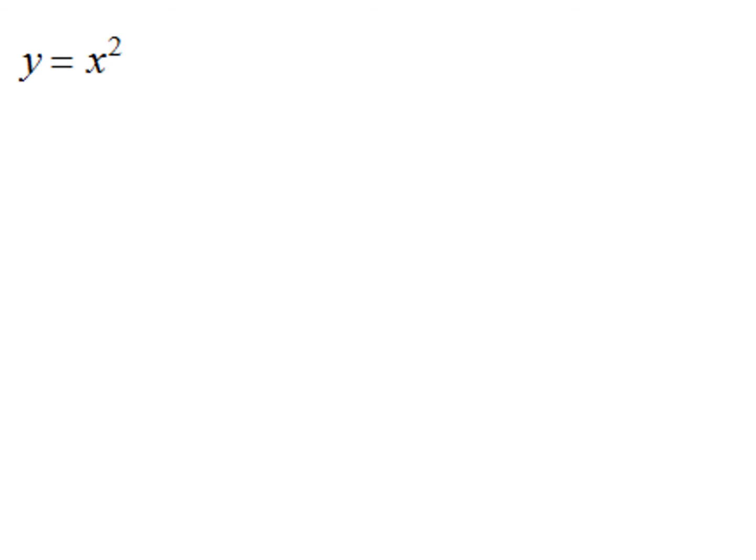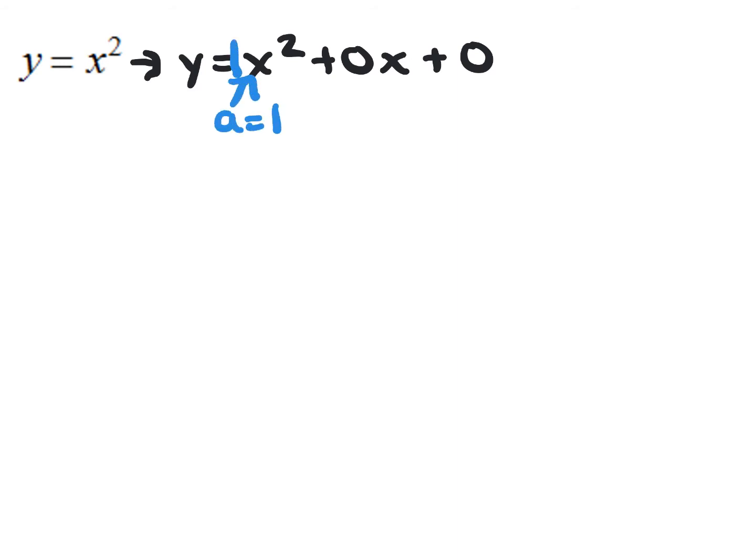In our last example, the equation is y equals x squared, which can be rewritten as y equals x squared plus 0x plus 0. So this means that the value of a is really 1. The value of b equals 0, and the value of c equals 0.